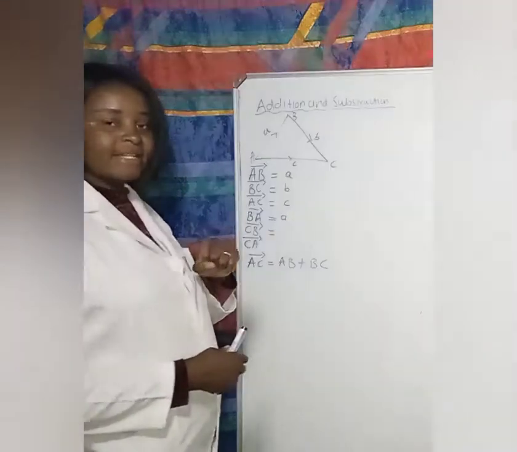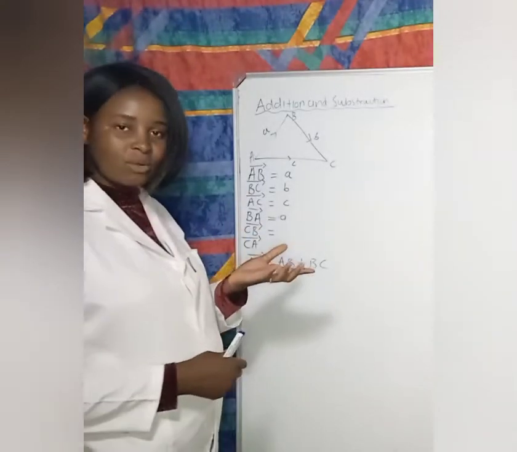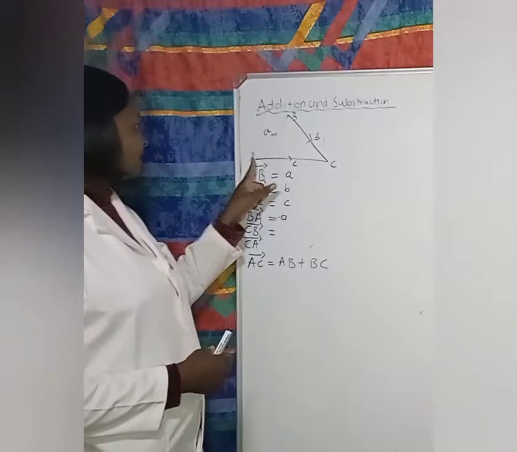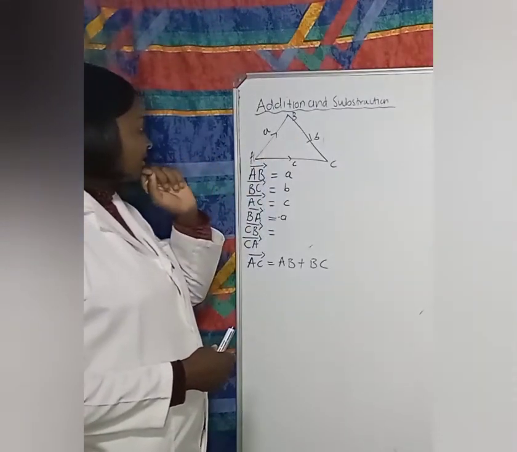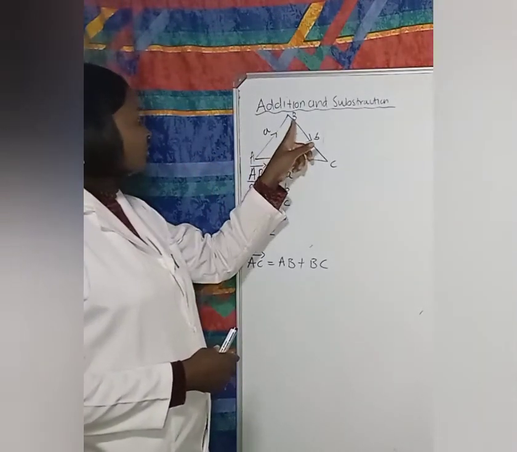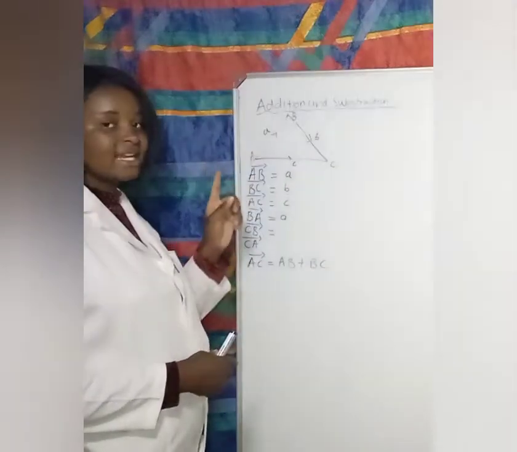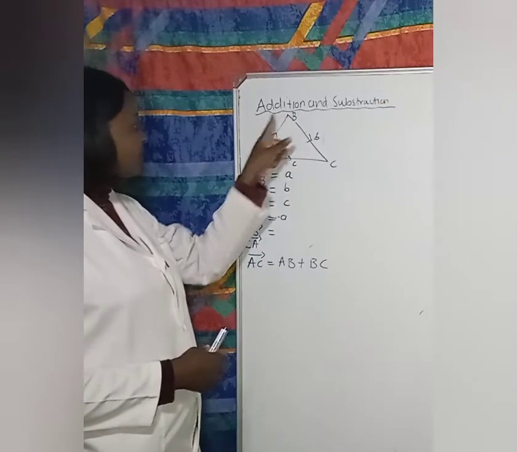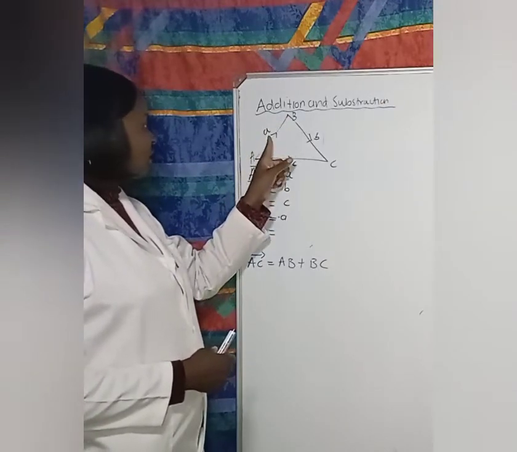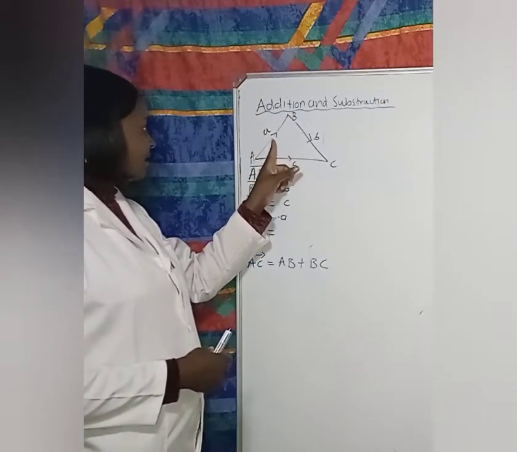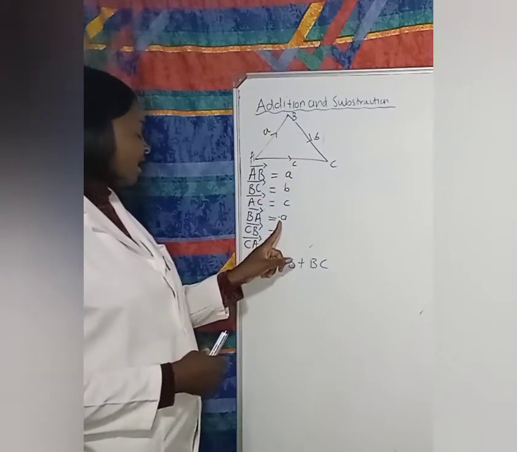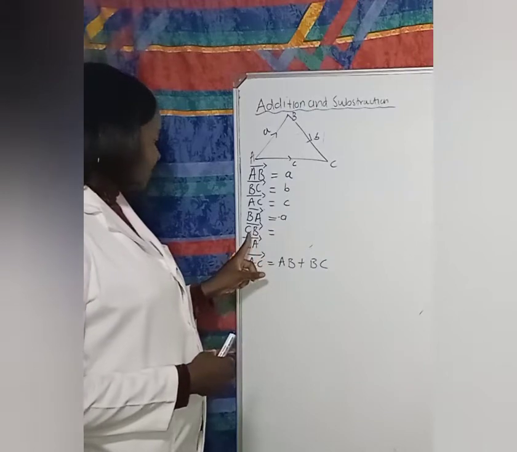Remember we said a vector is any quantity which has got direction and size. In this case, for vector AB, we are moving from A to B, it's in that direction, so it's positive A. If you say BA, now you're opposing the arrow, so your vector is going to be negative A. Same applies for CB.